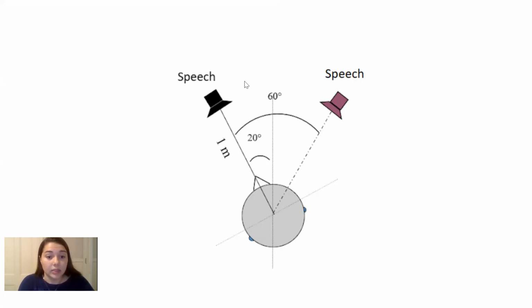But also these two sources are very similar in the way that they sound. So any confusion higher up in the brain in distinguishing the two is called informational masking. So we want to focus on spatial release from informational masking, our gain in understanding of the target source in the presence of the masker source. And is that a result of the cues themselves or the localization difference between the two?